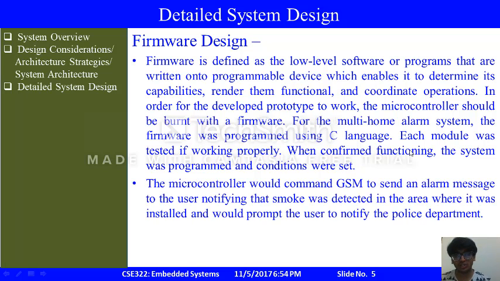The microcontroller unit would command the GSM unit to send an alarm message to the user notifying that smoke was detected in the area where it was installed and would prompt the user to notify the police department.